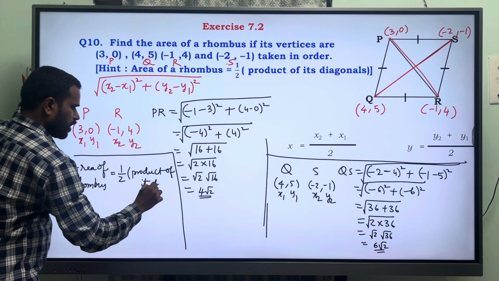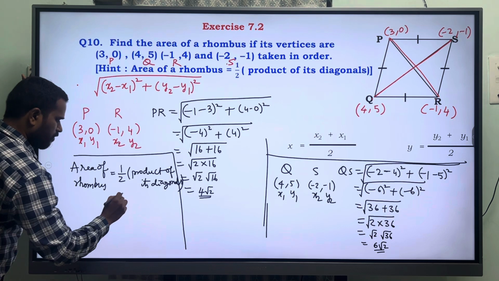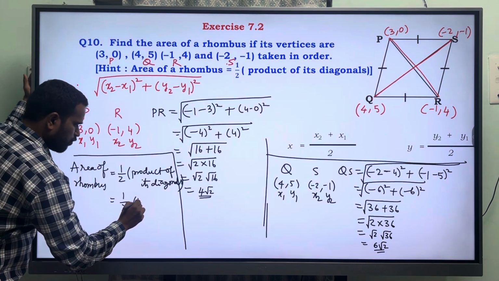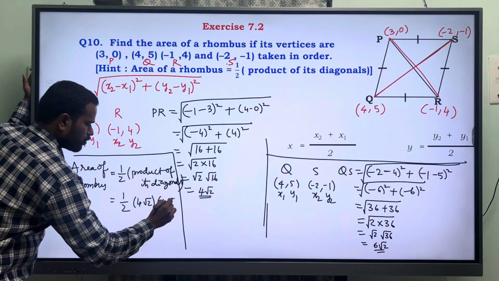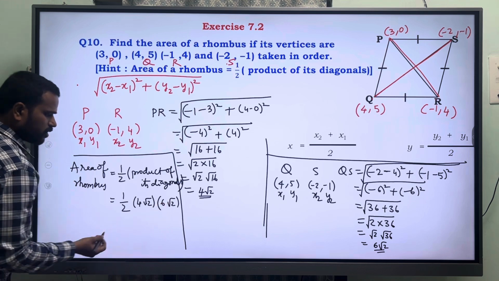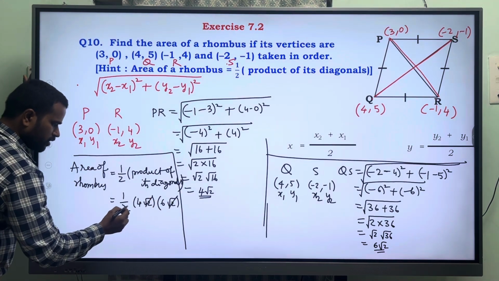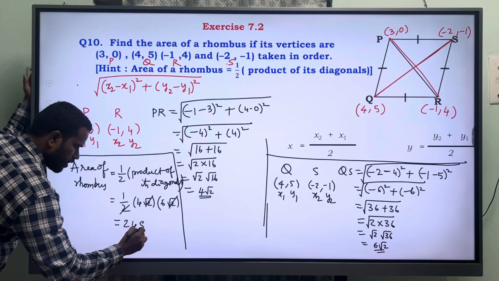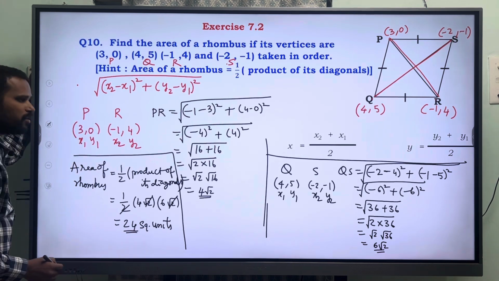Product of its diagonals means the first diagonal 4 root 2, the other diagonal 6 root 2. So root 2 into root 2 is how much? 2, right? This 2 gets cancelled. 4 6s are 24 square units. This is the value. This is how we can do it.